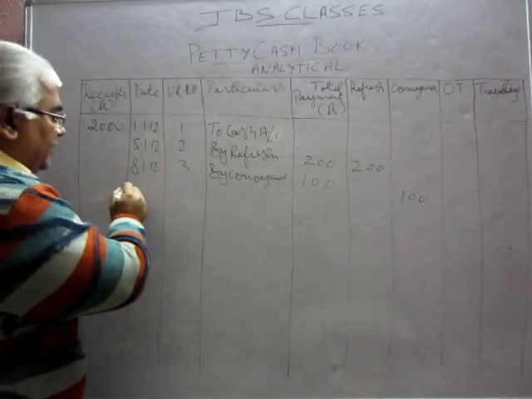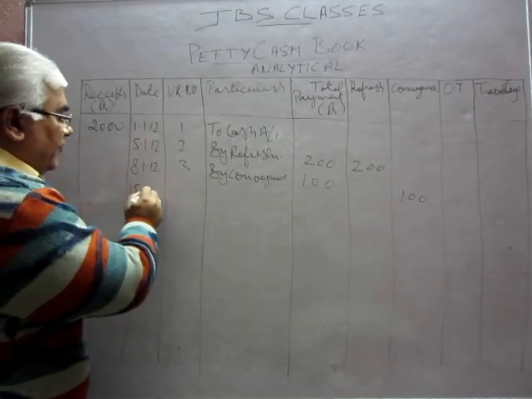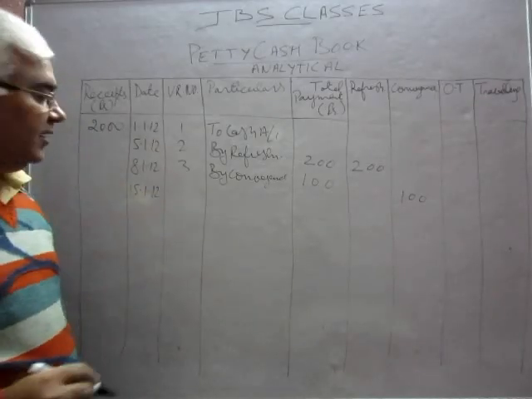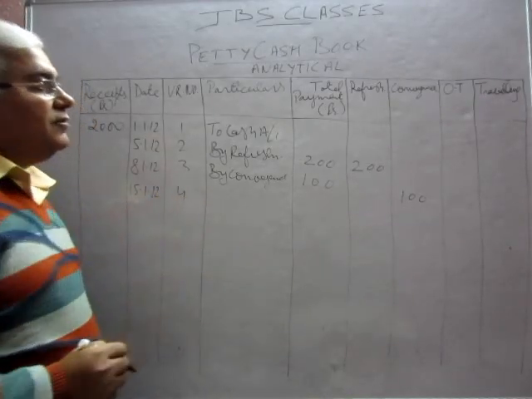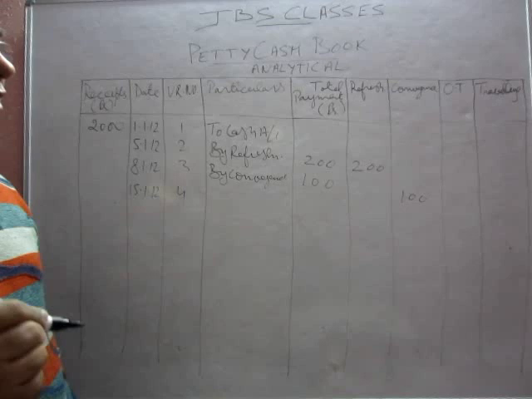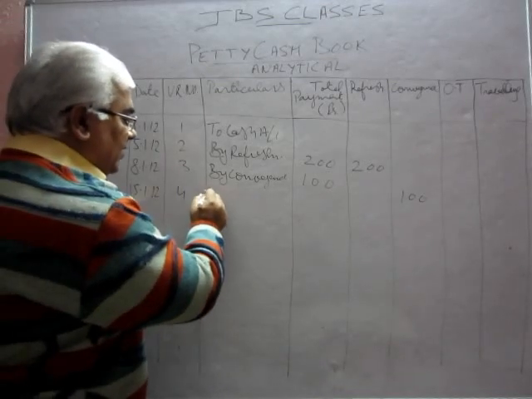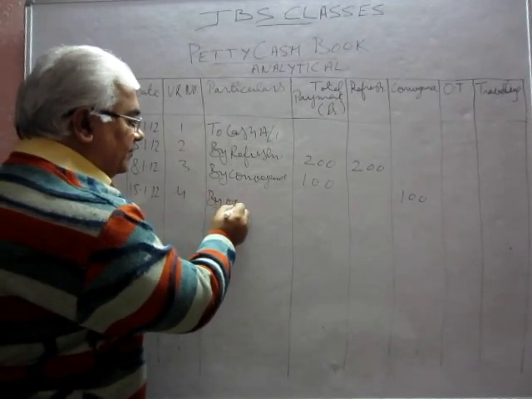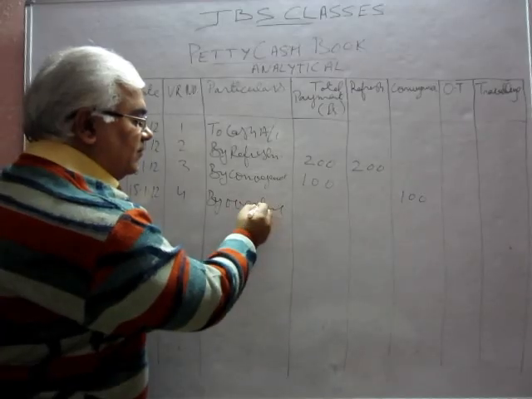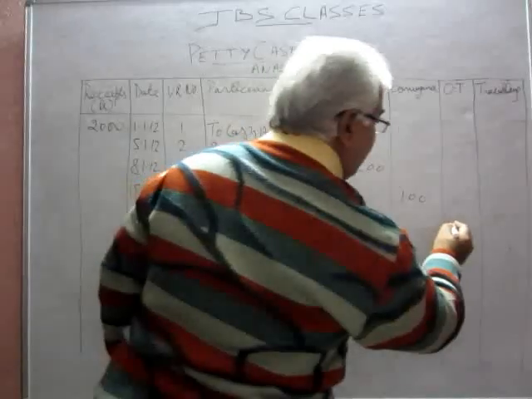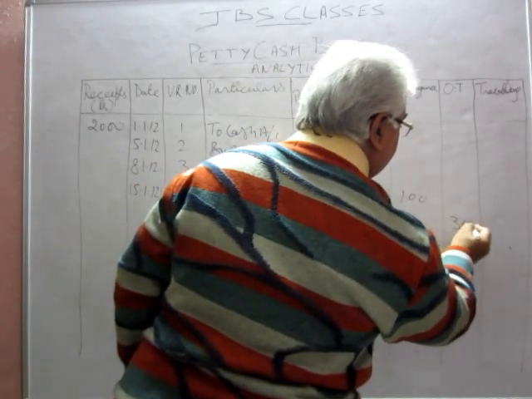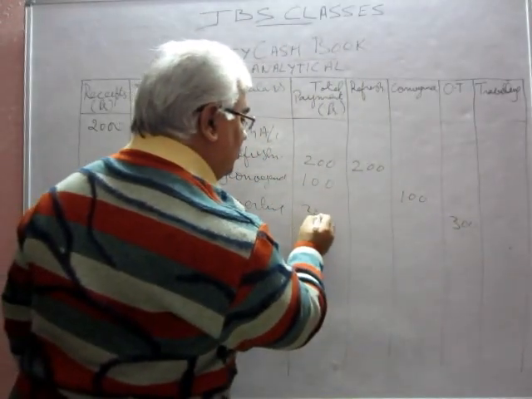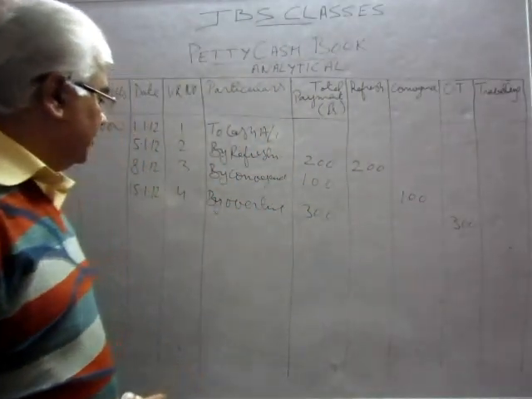Now if on 15/1/12 he makes a payment of, say, overtime of 300 rupees, by overtime, 300 rupees, and in the total column also he will write 300 rupees.